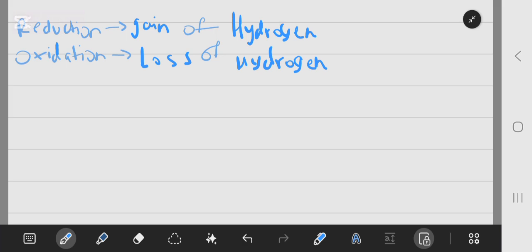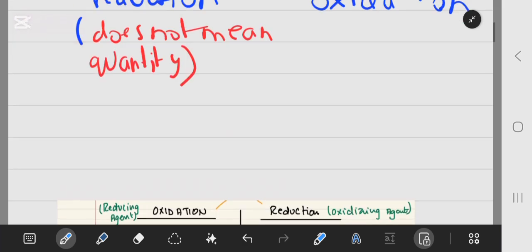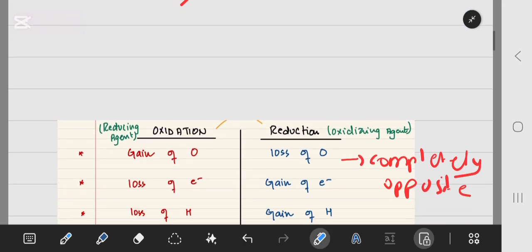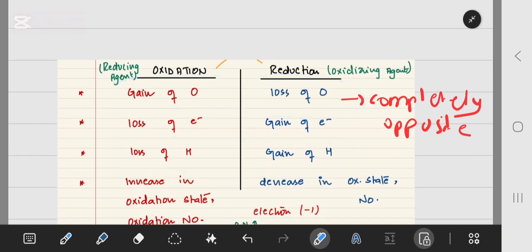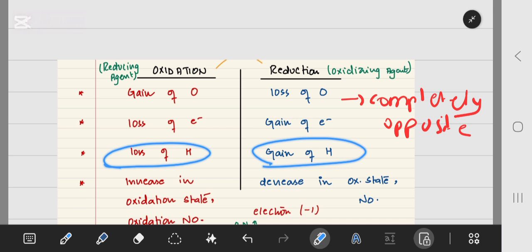So now that the first part of our table has been completed, we can move on to the second part. The next two, the electron part and the oxidation state part, is going to be in the next video, so stay tuned for that. Up till now we have done the gain of oxygen and the loss of oxygen, so that's completed. Now let's move on to the oxidation and reduction involving hydrogen.